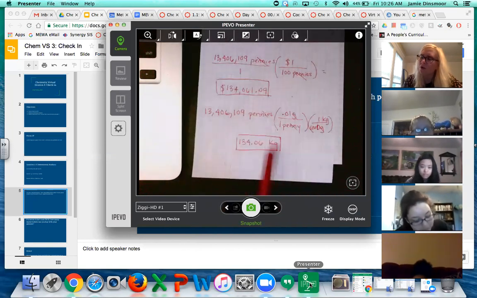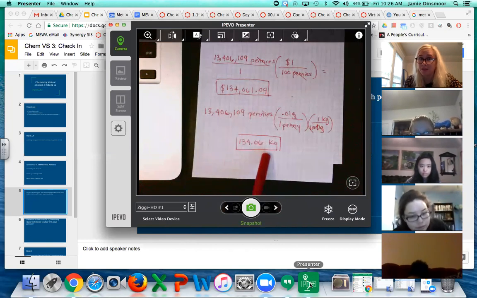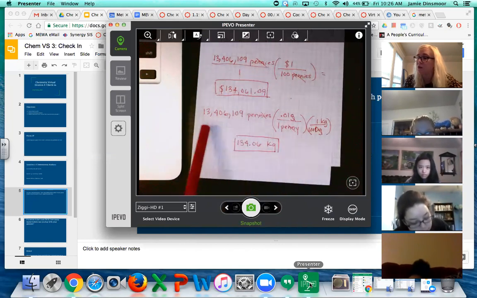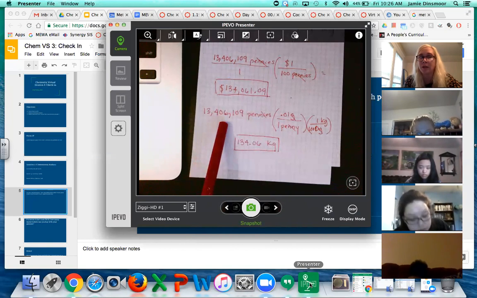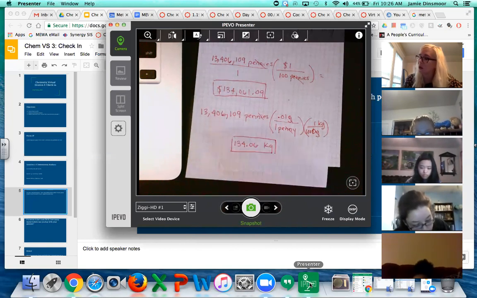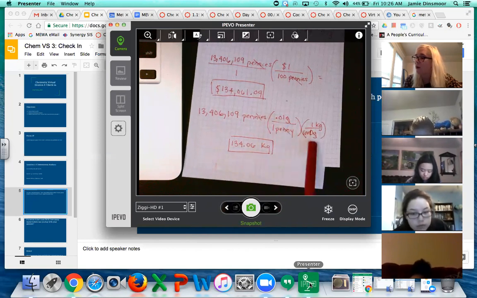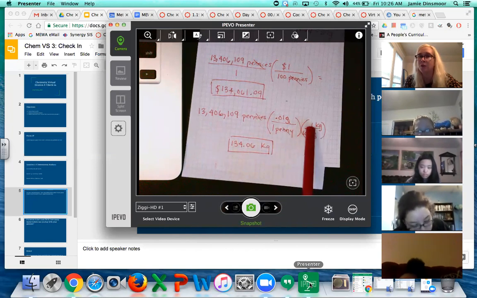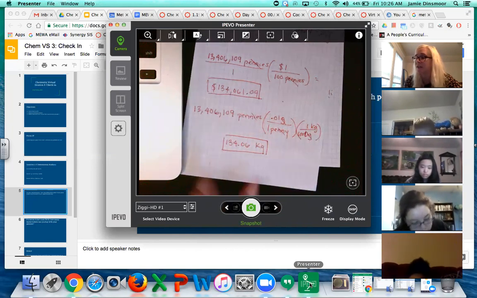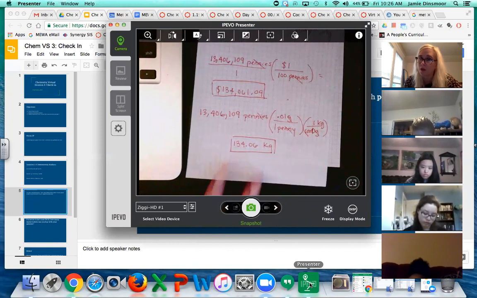Meanwhile, then we want to convert into the mass of the pennies. So we have to start back with our original amount of pennies. We know that 1 penny is 0.01 grams. And we know that there are 1,000 grams in 1 kilogram, right? Because remember, we want to get to kilograms here, not just grams.